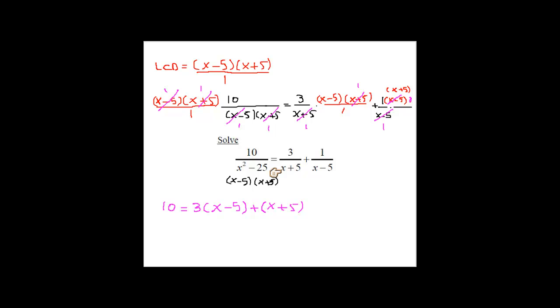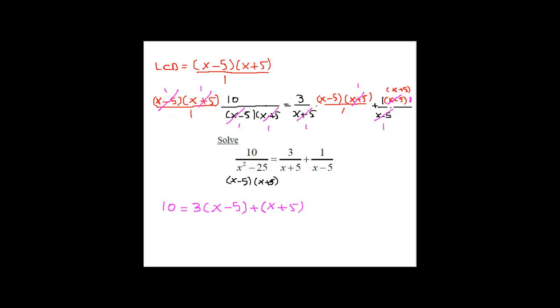Now before I continue solving for x, there are some restrictions here for x. There are some values that I cannot assign for x, because if I do, I would cause these fractions to become undefined. Can somebody tell me what those values are? 5 or negative 5. Right, very good. I cannot let x equal 5, because then this whole thing becomes 1 over 0, and that would be undefined.